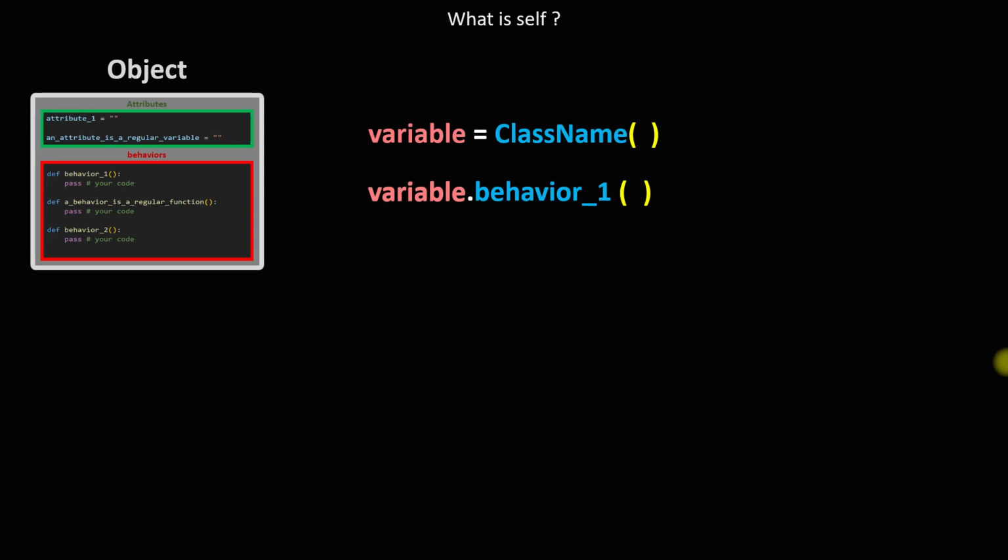Now what will happen? Because we are running a behavior from an object, the object will take that behavior and pass itself.